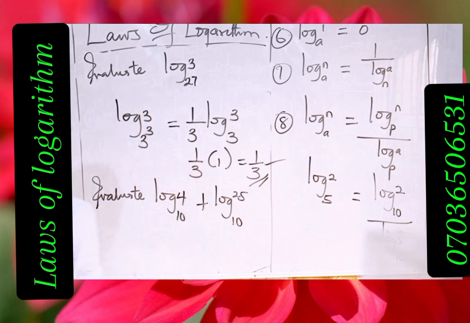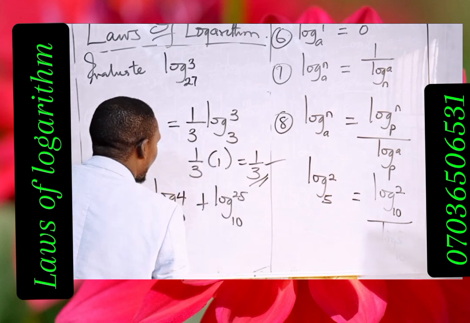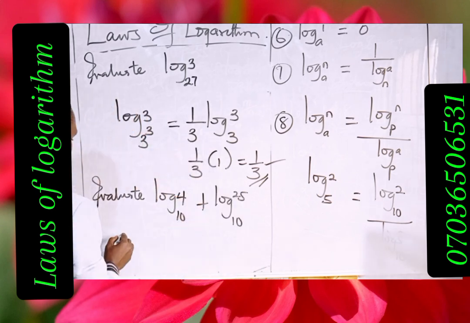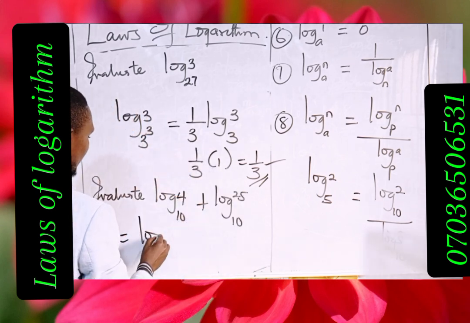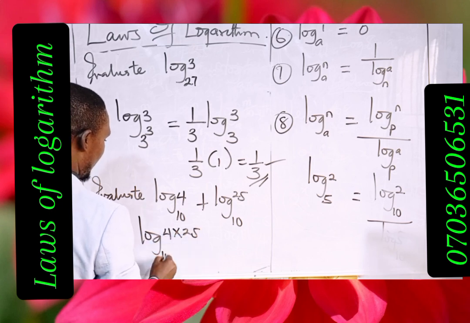Very good. Now what are we going to do? According to one of the laws, that is the number 1 law, the addition law, this is the same as log 4 times 25 base 10.